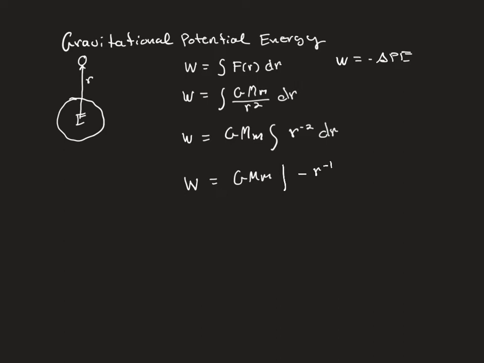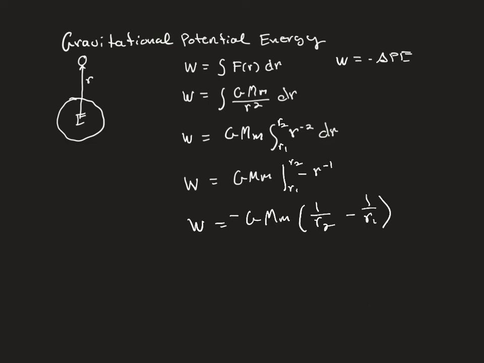And we should probably evaluate this between r1 and r2. So we end up with work equal to the gravitational constant, the mass exerting the force, the mass experiencing the force, and then we can bring the minus sign out front and say 1 over r2 minus 1 over r1.